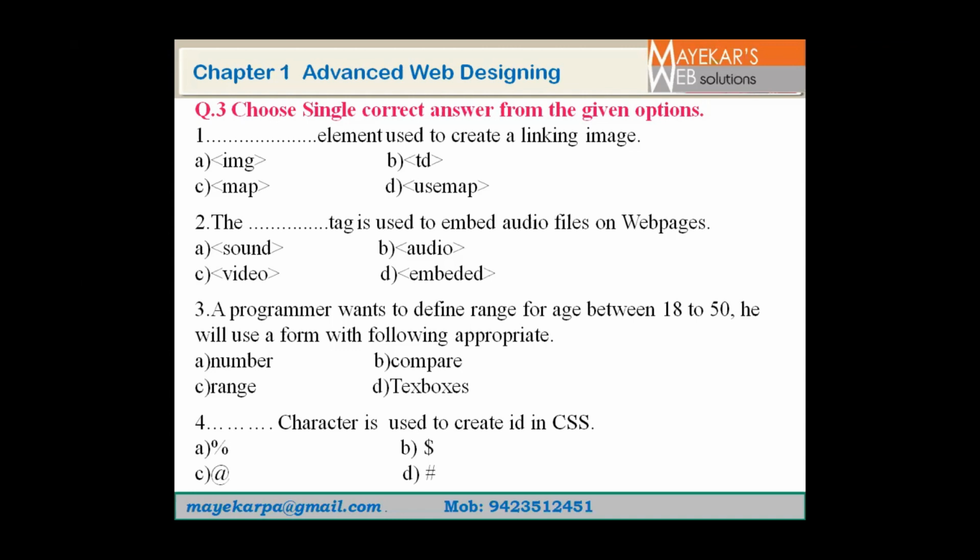The remaining option is map. By using the map tag, we can create client-side image mapping. So map is the right answer: the map tag is used to create a linking image.